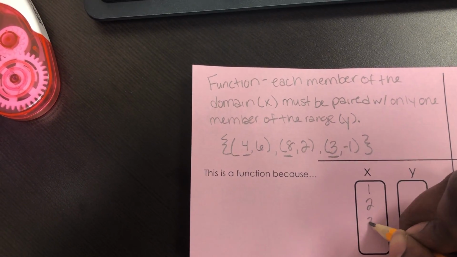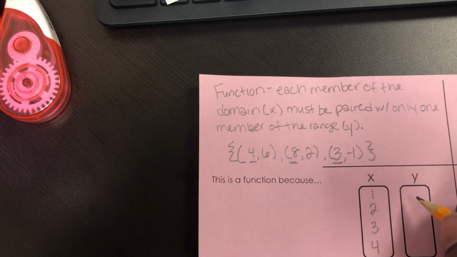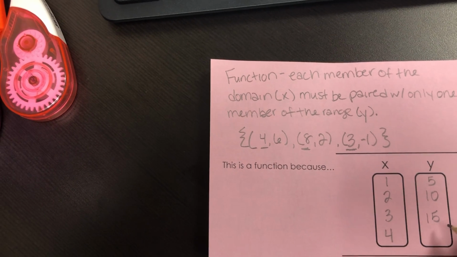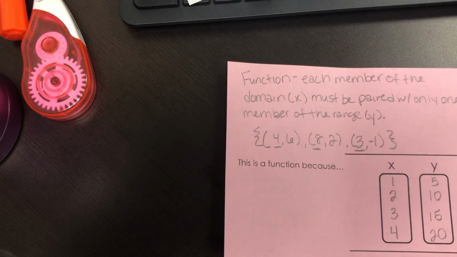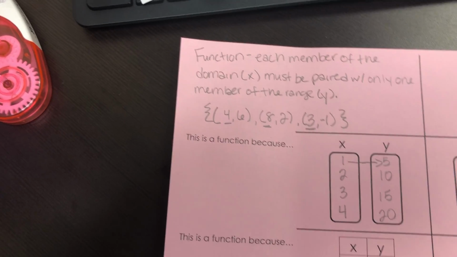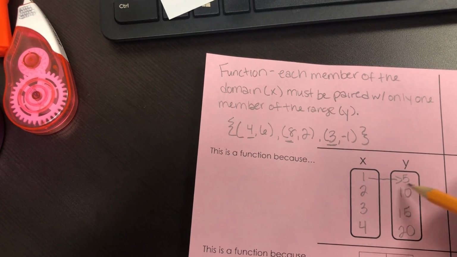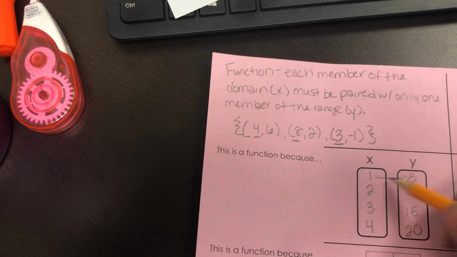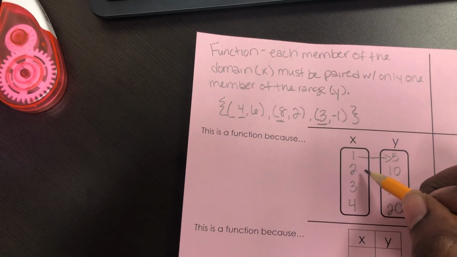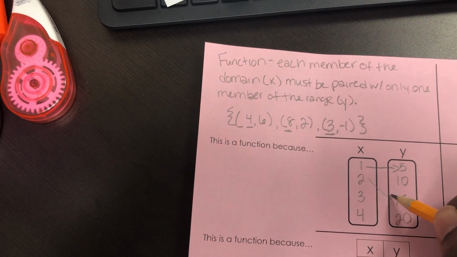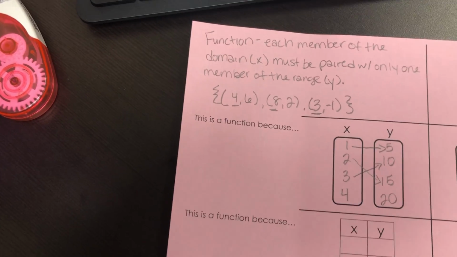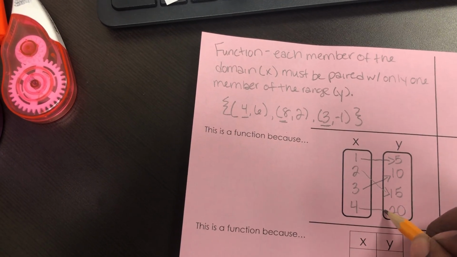It's going to have some numbers in the x's, some numbers in the y's, and arrows pointing from the x's to the y's. Whichever numbers the arrows point from and to, those are their pairs. So 1 is paired with 5, 2 is paired with 15, 3 is paired with 10, and 4 could just be paired with this 20.